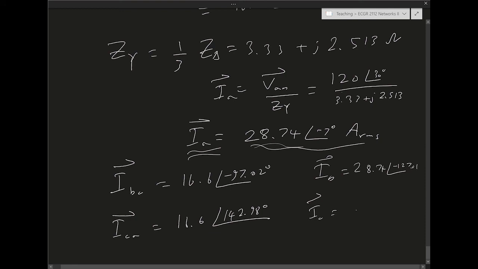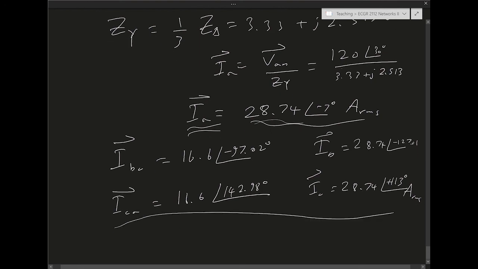And then IC is the same magnitude, minus 7 plus 120, which is plus 113 degrees amps RMS. So this concludes the example.